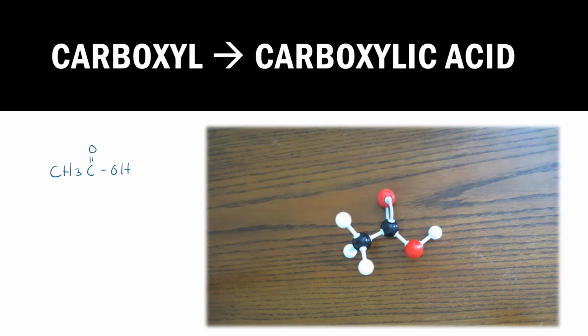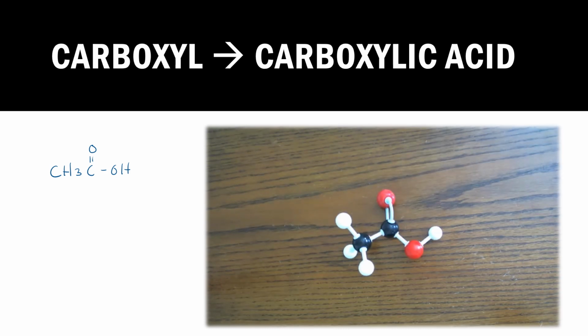All right, so next we have our carboxyl. This is a combination of a carbonyl and a hydroxyl, carboxyl. And this is a carboxylic acid. And we will spend a bit of time talking about these. It's called a carboxylic acid because it does behave as an acid. So again, I've got this carbonyl group here, and I have my hydroxyl group here.